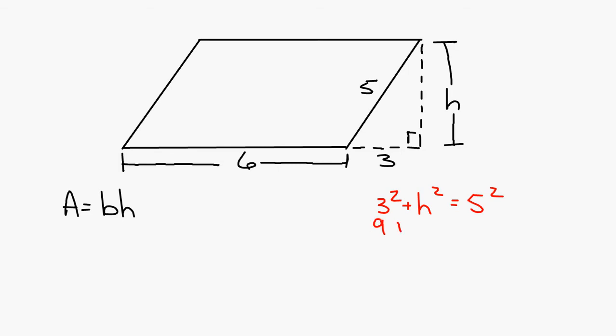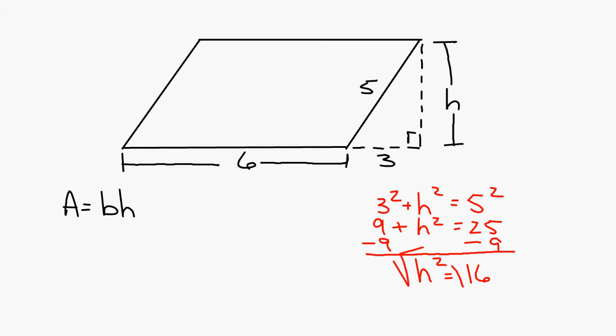So 9 plus h squared equals 25. If you subtract 9 from each side, then h squared is equal to 16. And if you find the square root of each side, then h is equal to 4. So now you've got the base of the parallelogram and the height of the parallelogram. So the area is going to be equal to 6 times 4, which is 24.